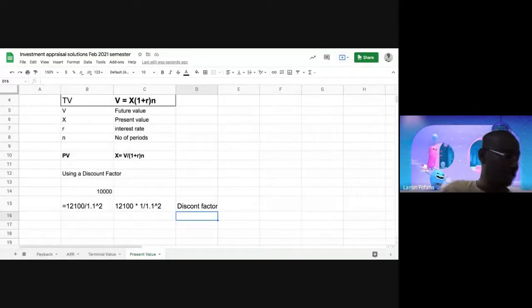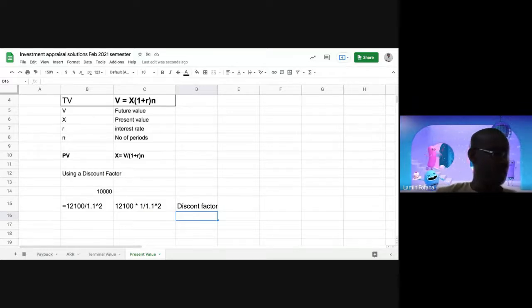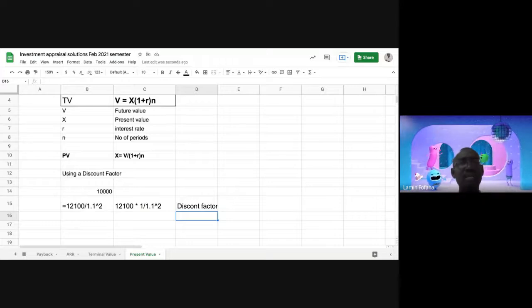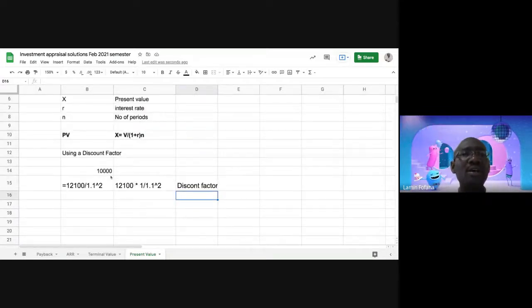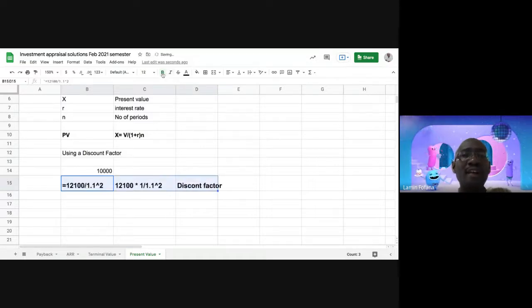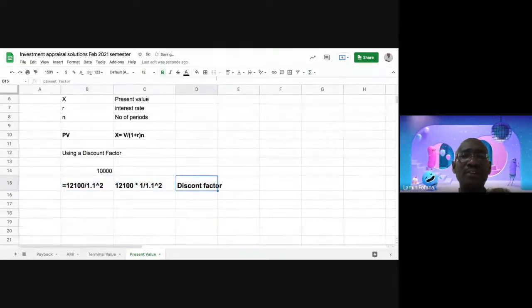So that's why when you look at 4.2.1, the question that is there is exactly what it has done. So let's just do that. This is very, very important. I just want to show you how they arrive at this concept of discount factor.